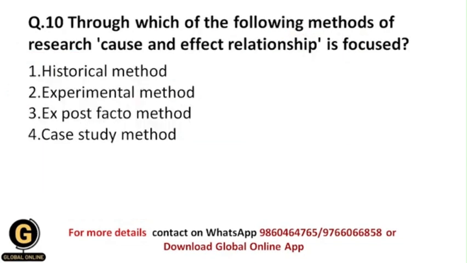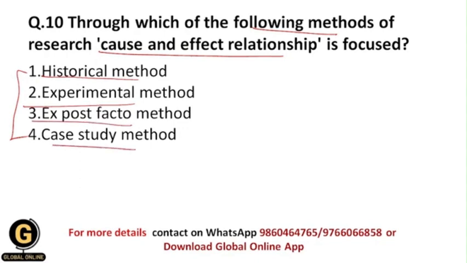Next is, through which of the following methods of research is the cause and effect relationship focused? So which is the research method in which cause and effect relationship is studied? Whether it is historical method, experimental method, ex post facto method, or case study method.